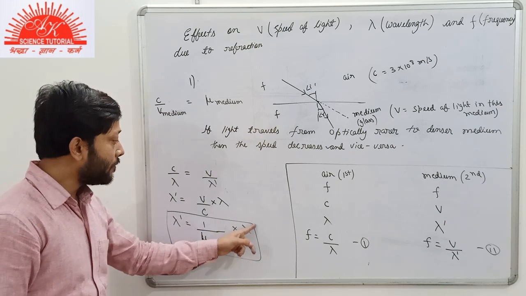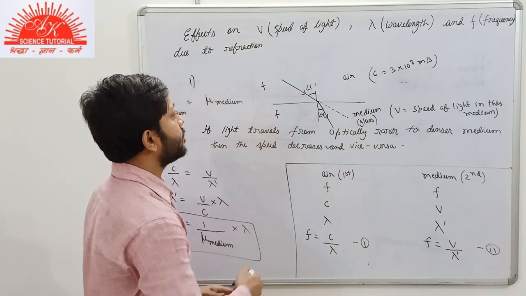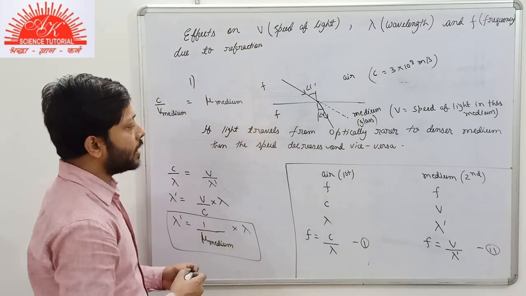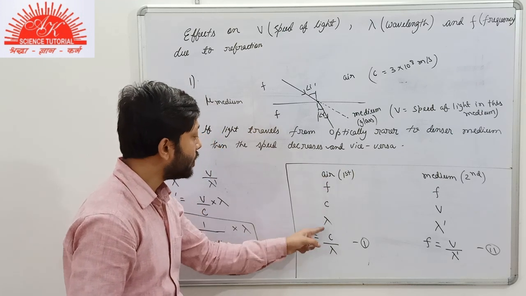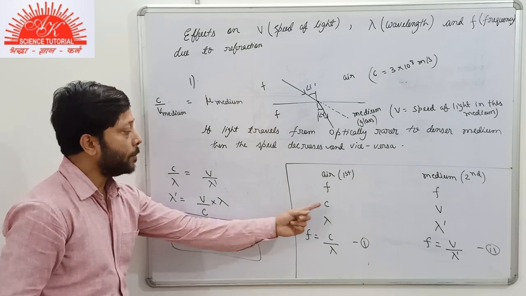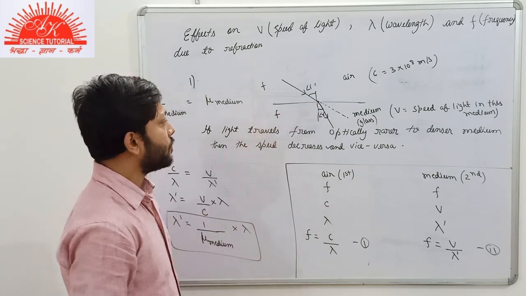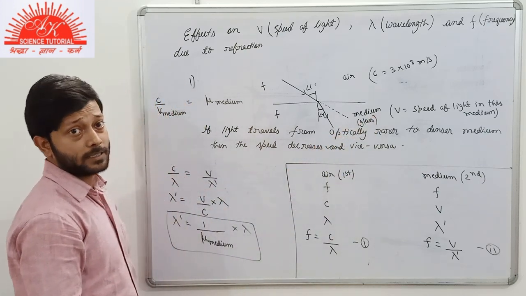Lambda is the wavelength of light in the first medium, that is in air, and mu medium is the absolute refractive index of the given medium, here the glass.